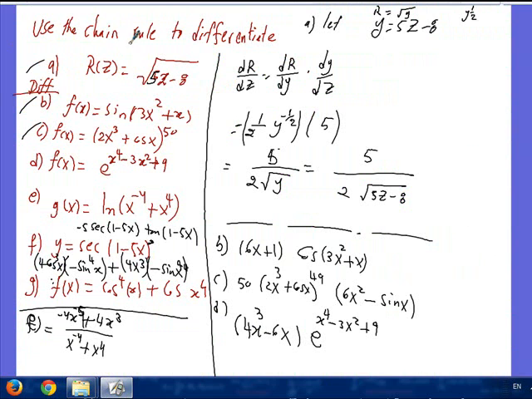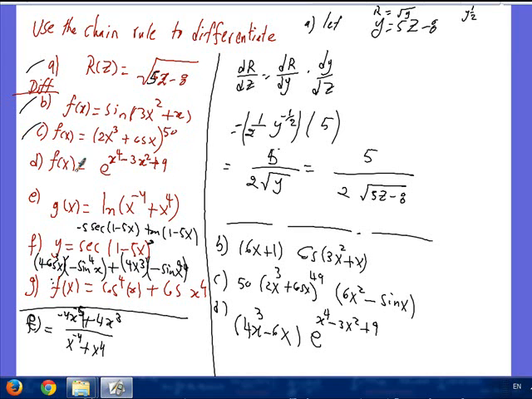Use the chain rule to differentiate each of the following. R of z equals root of 5z minus 8. F of x equals sine of the bracket 3x squared plus x. F of x equals 2x cubed plus cosine x, all to the power 50.